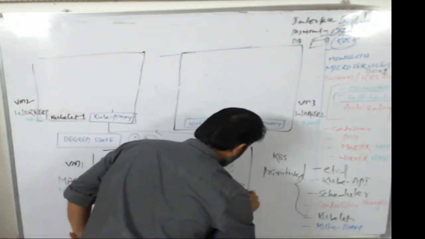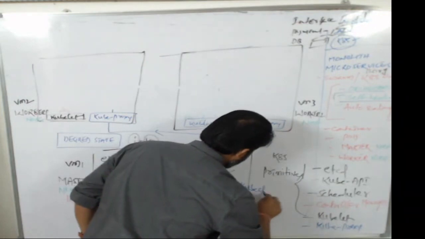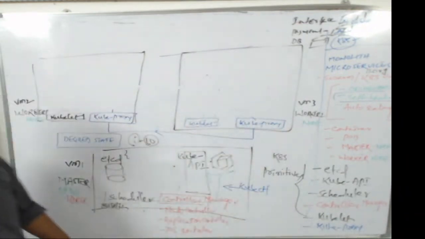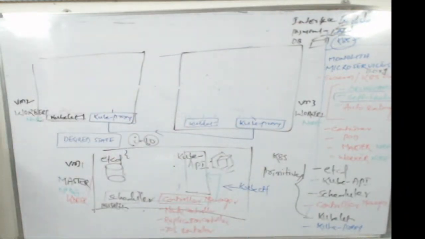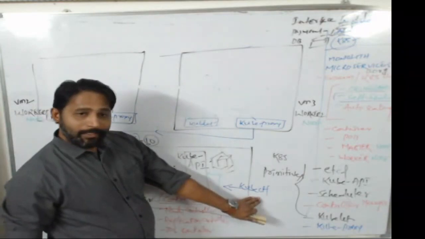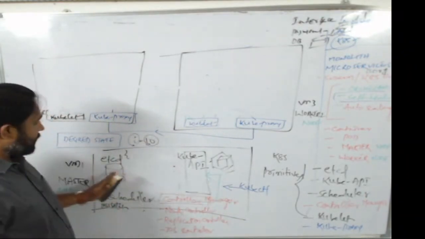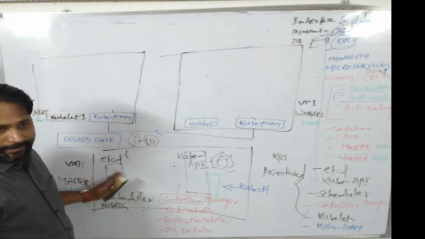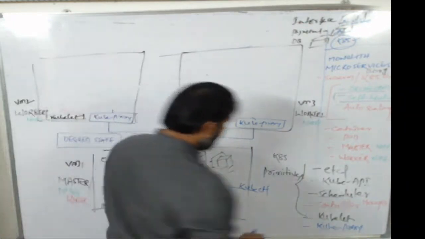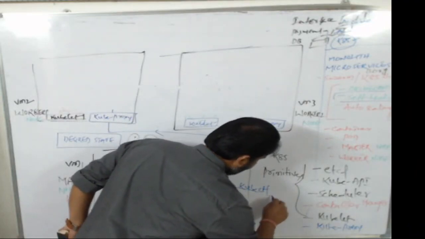There is a tool called kubectl, kube control, or some people call it kubectl or whatever. So you have a command kubectl, which can talk to the API, which in turn can talk to etcd.